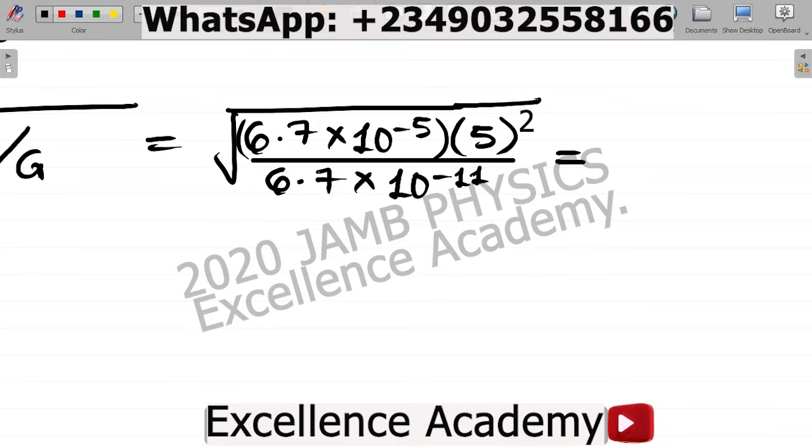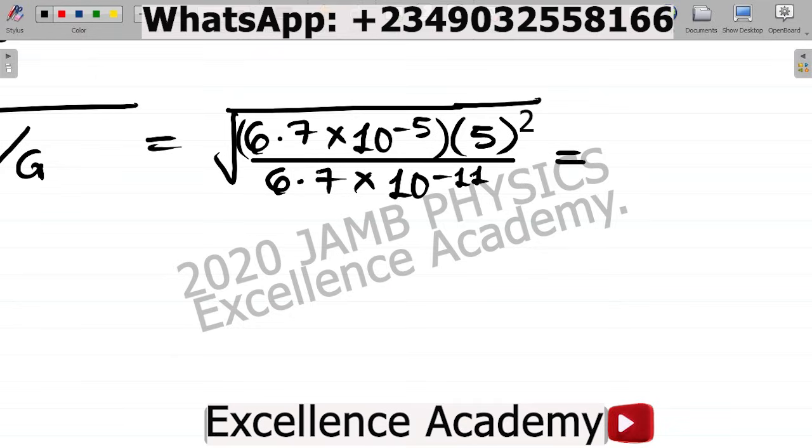This is equal to, so I'll get my calculator there. You can punch this on your own and get your answer. For me, I'll just punch the final answer. So I'm taking the square root of numerator 6.7 times 10 to the power minus 5 times 5 divided by 6.7 times 10 to the power minus 11.